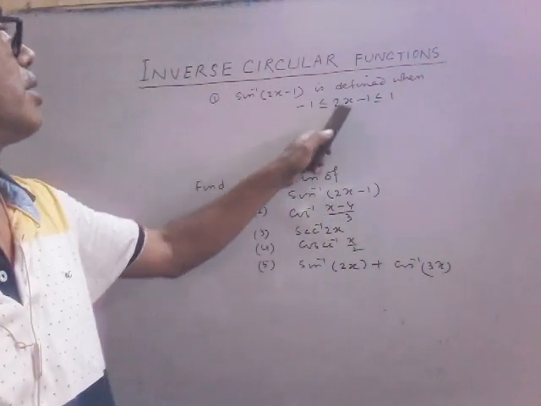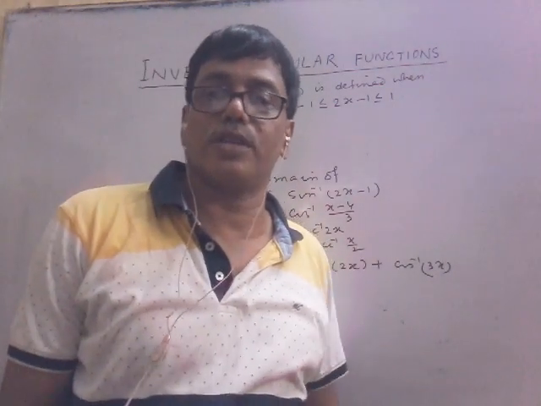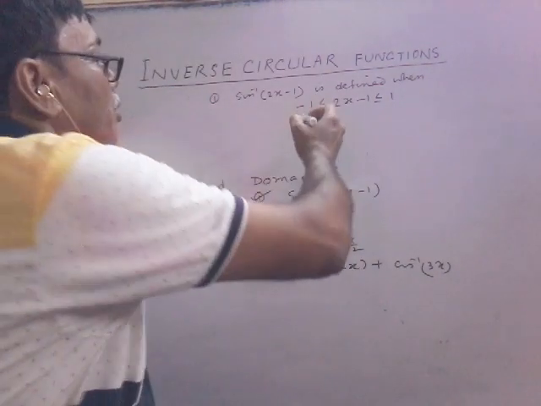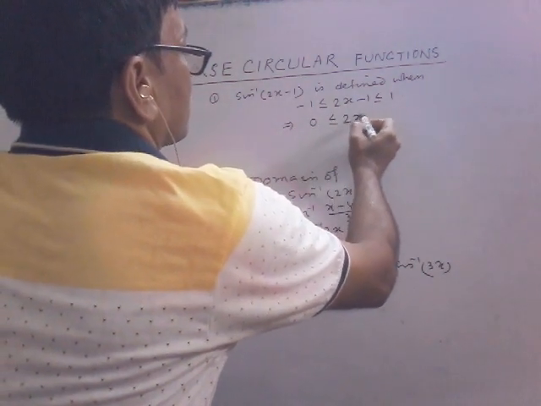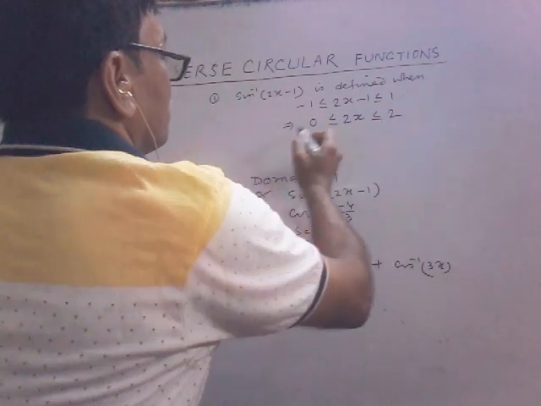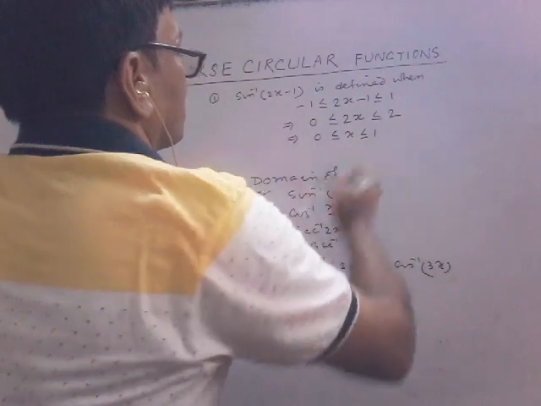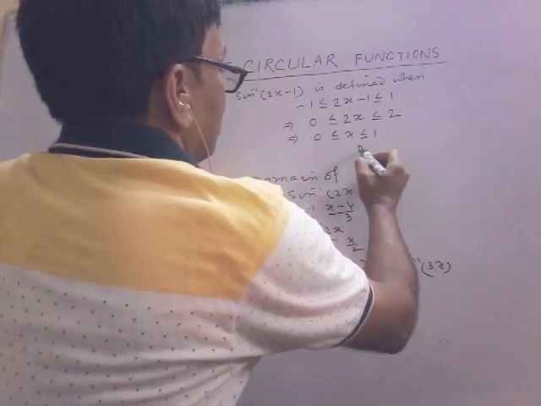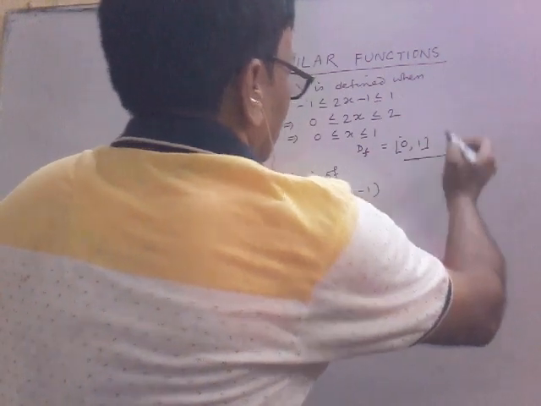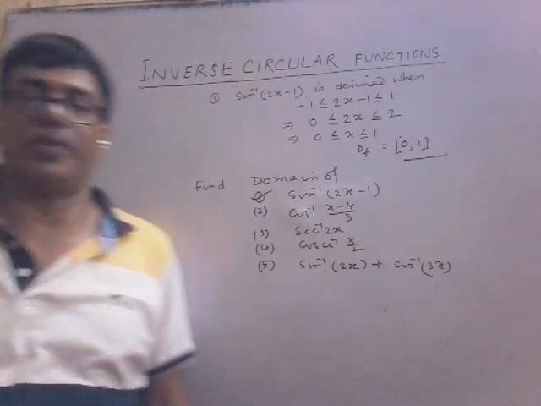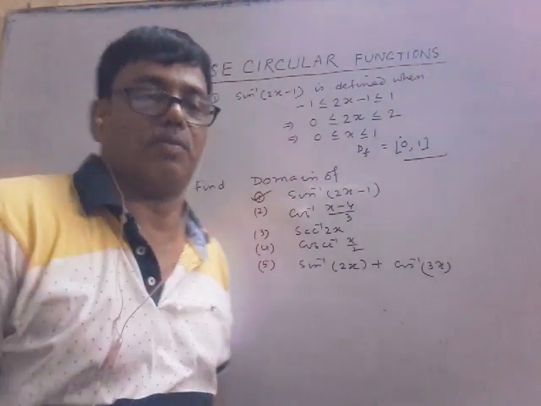Sine inverse x, where x is replaced by this. Now this is an algebraic inequation. Solve it. Your main aim is to find x. So 0 less than or equal to 2x less than or equal to 2, 0 less than or equal to x less than or equal to 1. So this is the domain of this. So 1 mark problem, very simple problem.